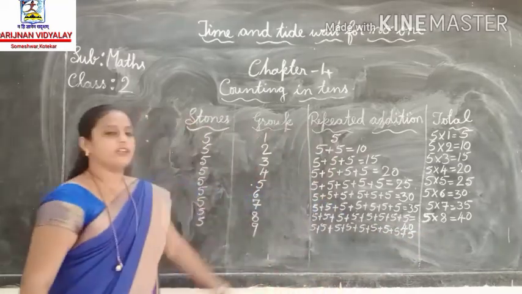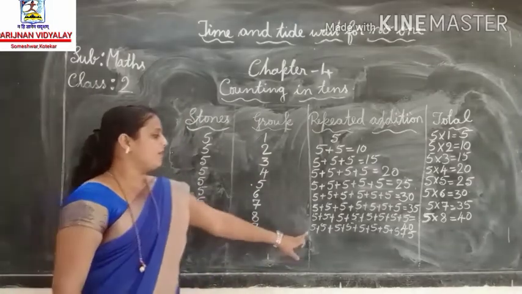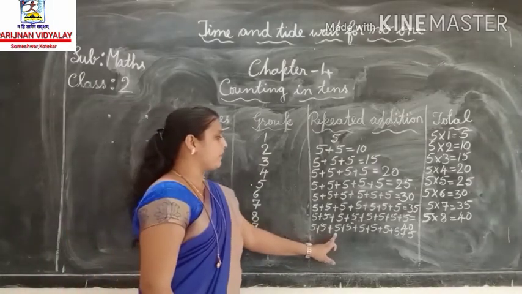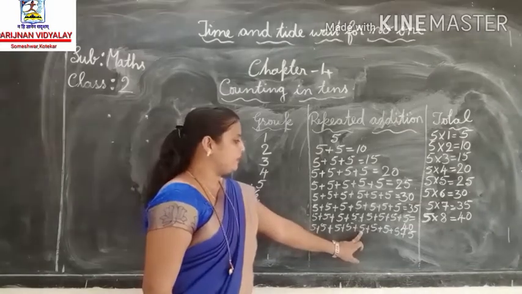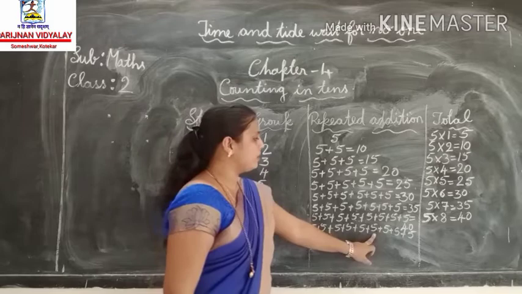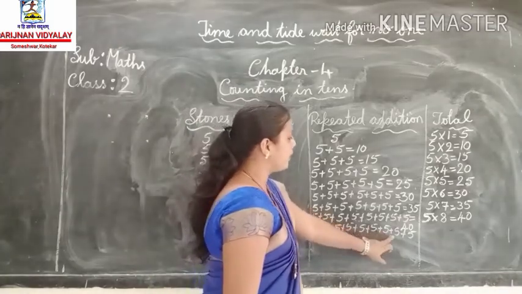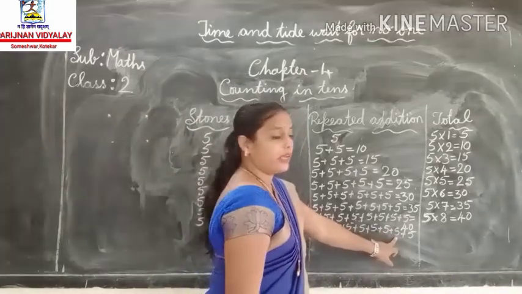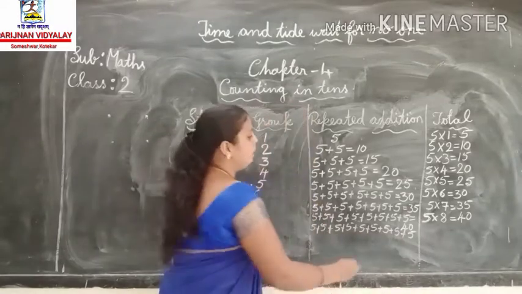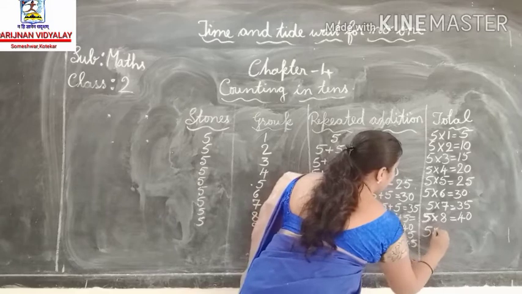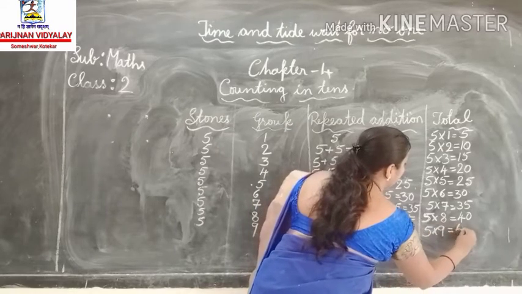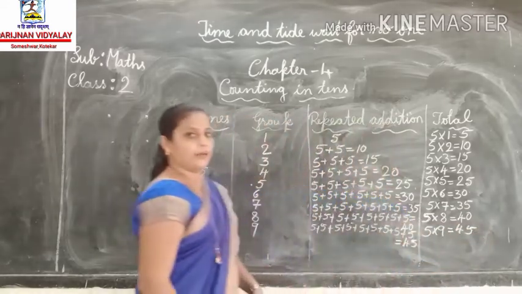So here 5 is repeated 9 times. 5 plus 5 is 10, 10 plus 5 is 15, 15 plus 5 is 20, 20 plus 5 is 25, 25 plus 5 is 30, 30 plus 5 is 35, 35 plus 5 is 40, 40 plus 5 is 45. So 5 into 9 groups is equal to 5 nines are 45.